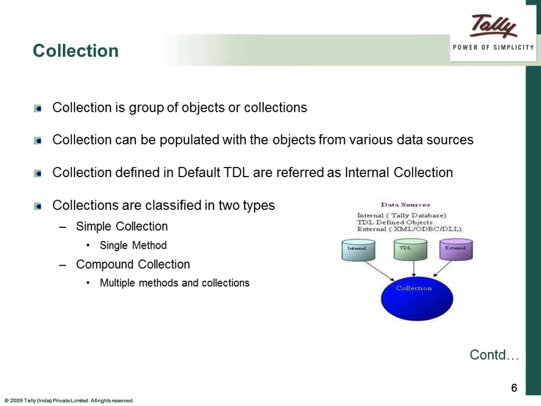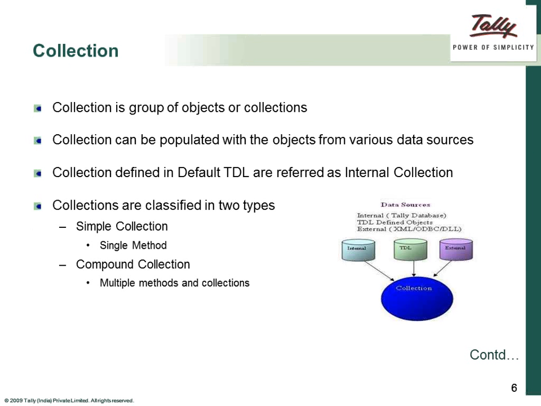So we have collection. Now, why do we need collection as a separate classification? We already spoke: an object stores data in a hierarchical structure. It is made up of methods and sub-collections. A method is to retrieve the data.